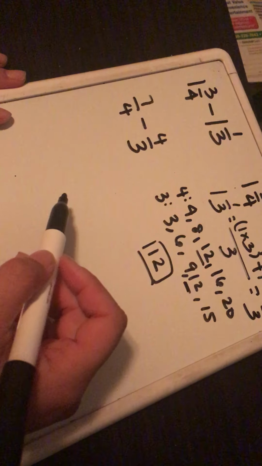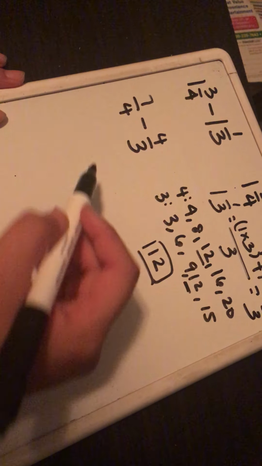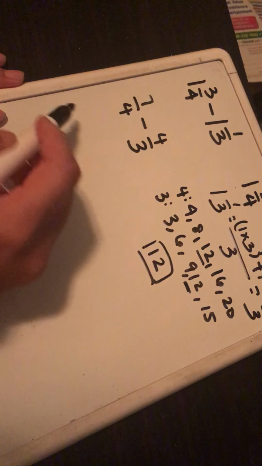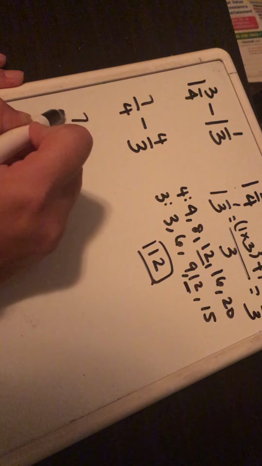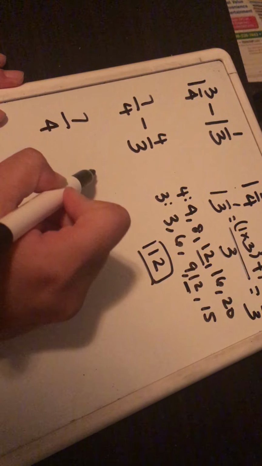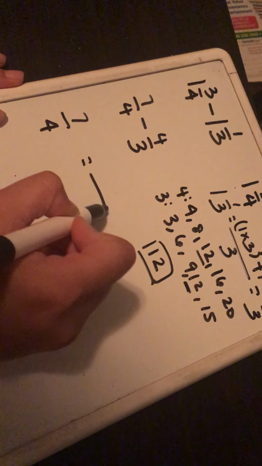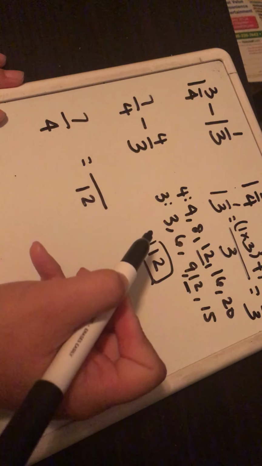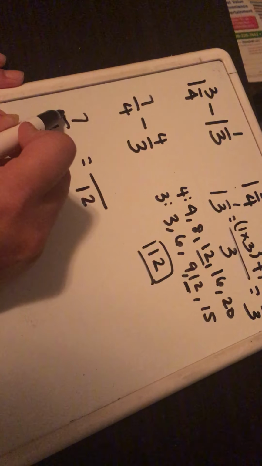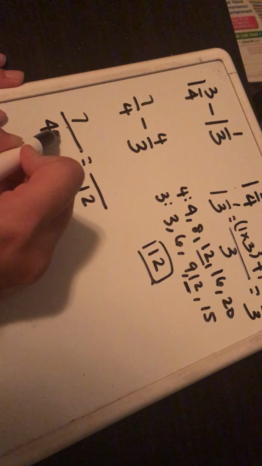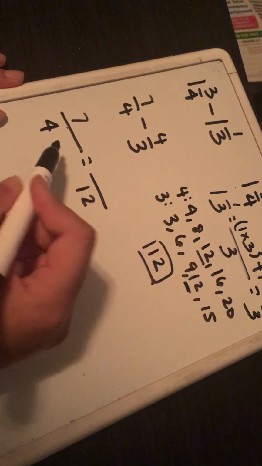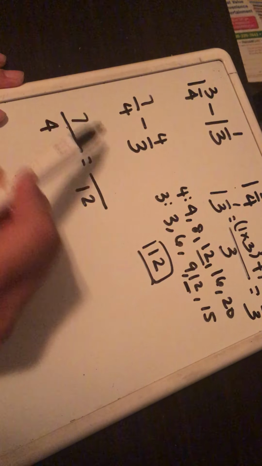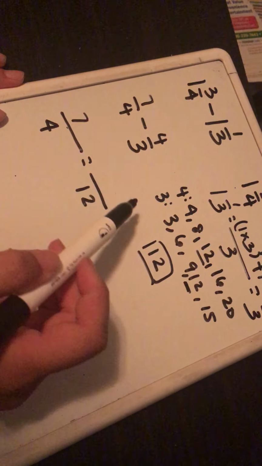So let's do the conversion. So let's take 7 over 4 and convert it to another fraction where our denominator is 12. So from here, we have to decide how do we convert 7 over 4 to another fraction where the denominator is 12.